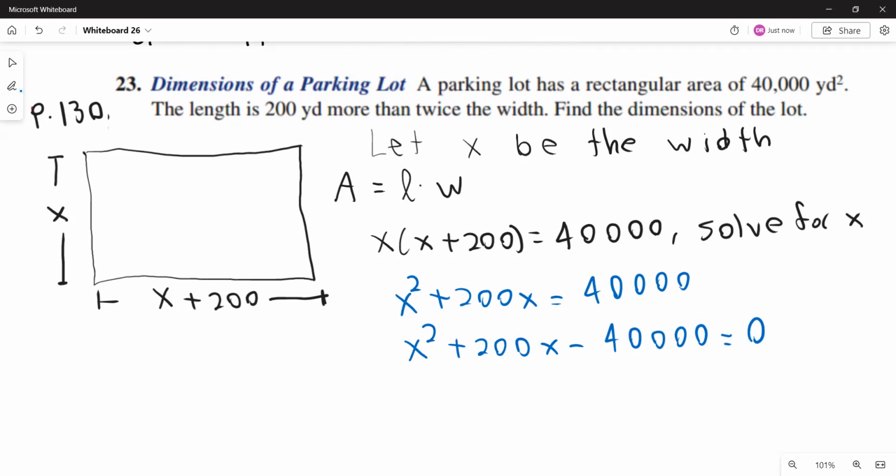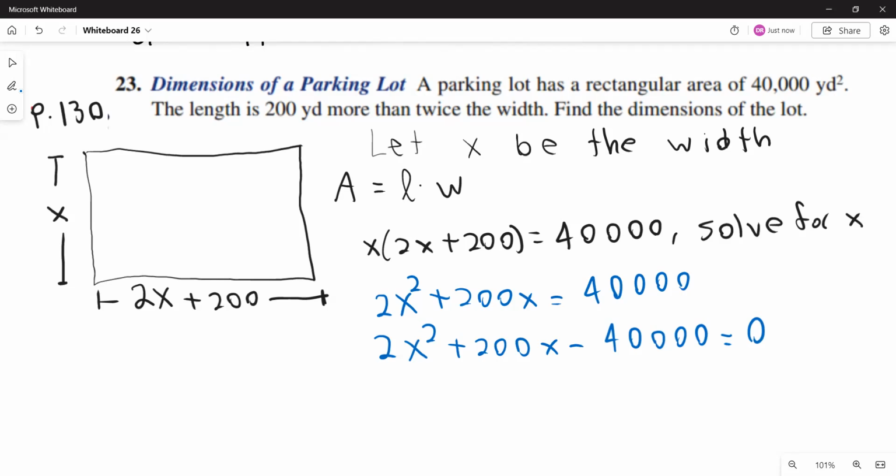It says 200 yards more than twice the width. I'm missing a 2 because twice the width is going to be 2x. So let's fix this. This is 2x plus 200. And when we distribute, we have 2x squared plus 200x minus 40,000. Yeah, I was missing the twice part.